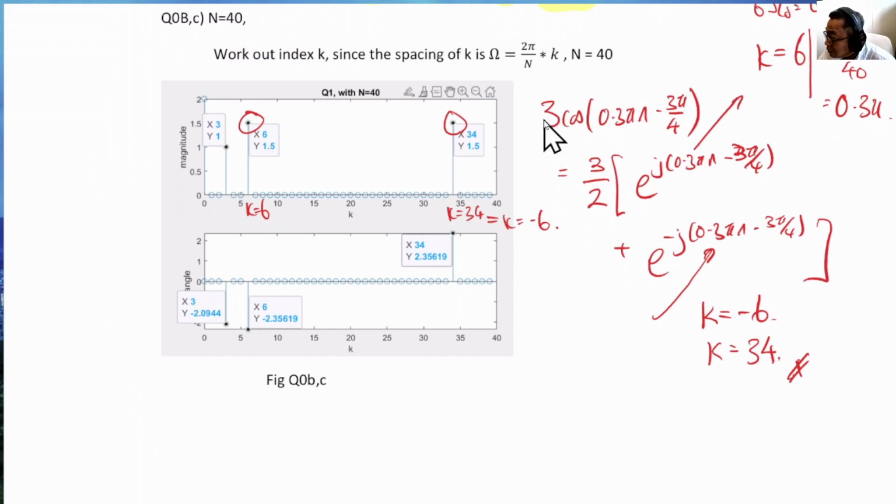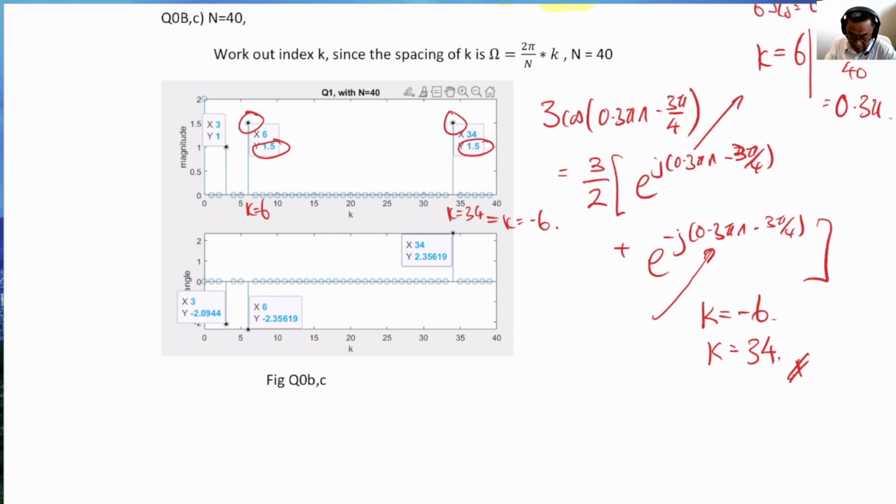Now, it's 3 divided by 2, so the amplitude is 1.5. The phase is here. This figure shows the phase. This phase is plus 3 pi over 4, and here is minus 3 pi over 4. So you can see the values here.